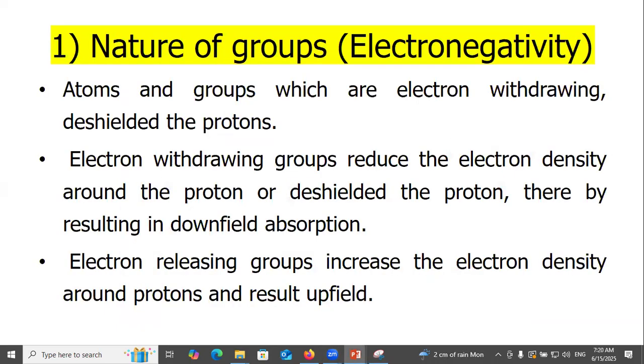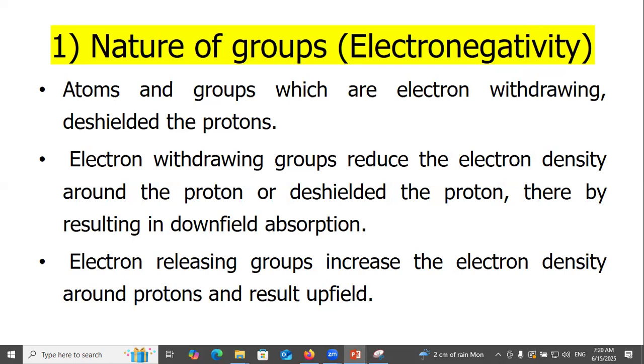Nature of groups: electronegativity or inductive effect. Atoms and groups which are electron withdrawing deshield the protons. Electron withdrawing, negative inductive effect.